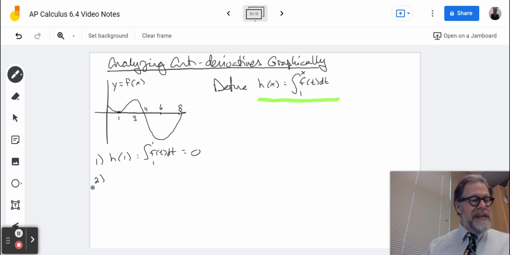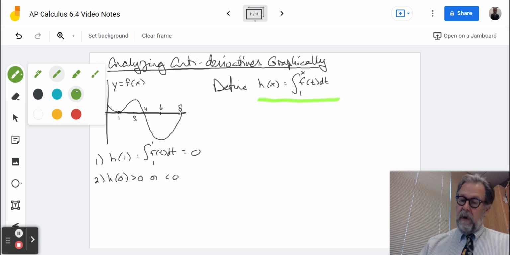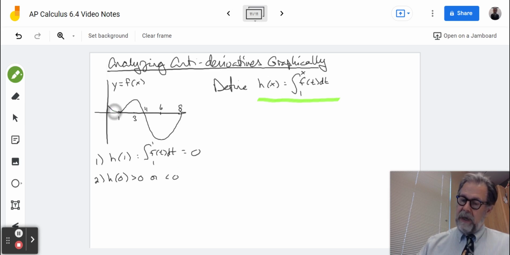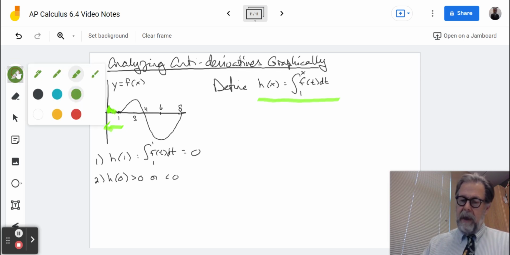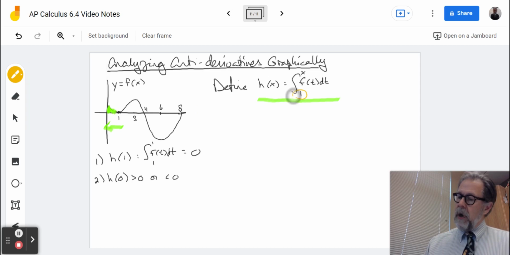Second question: is h of 0 positive or negative? Well, looking at the graph of f, here's what I see. I see that f is above the axis, but remember, looking back at my function, I'm starting at 1 and I'm going to some value of x.